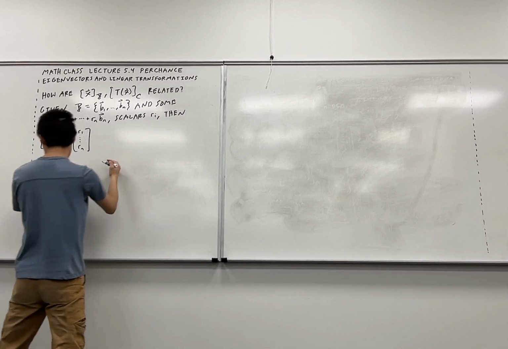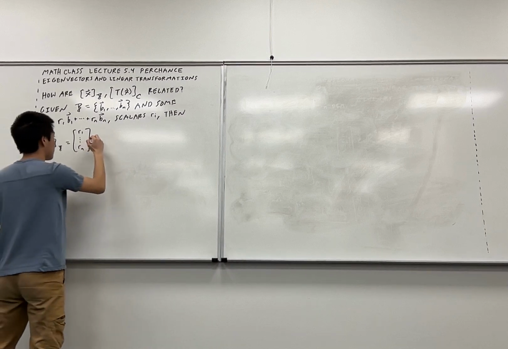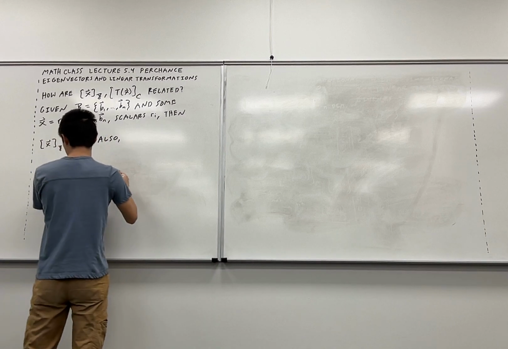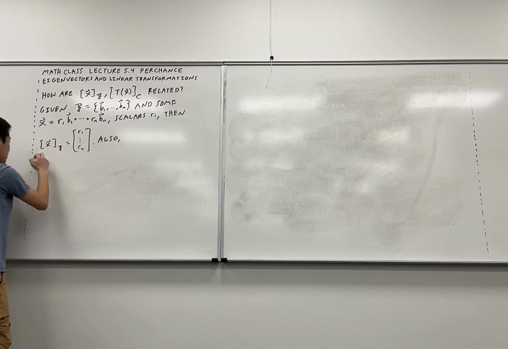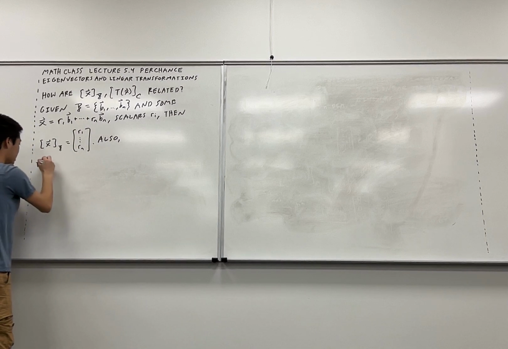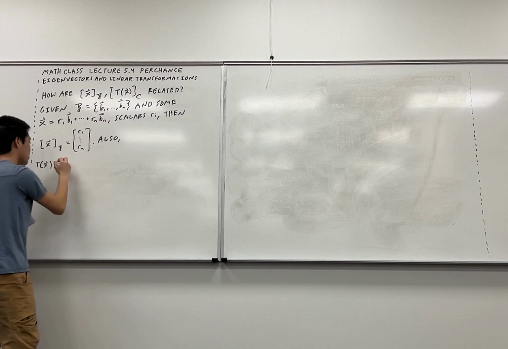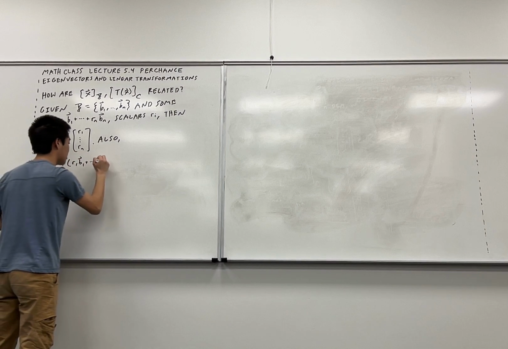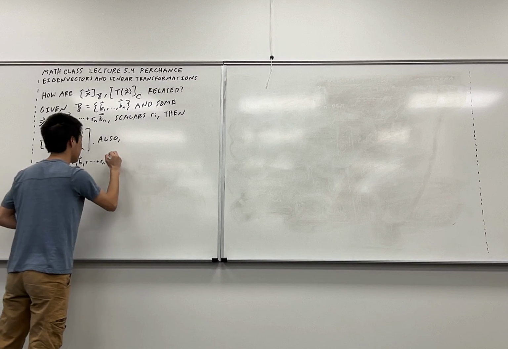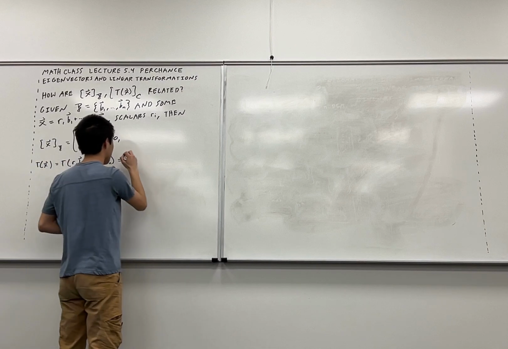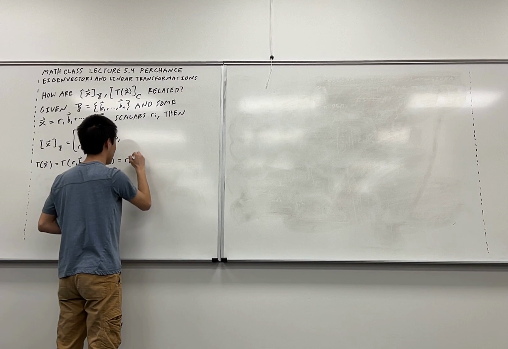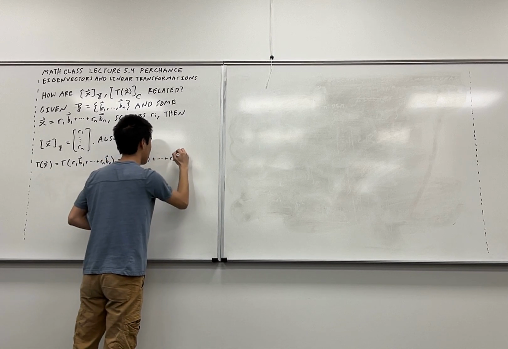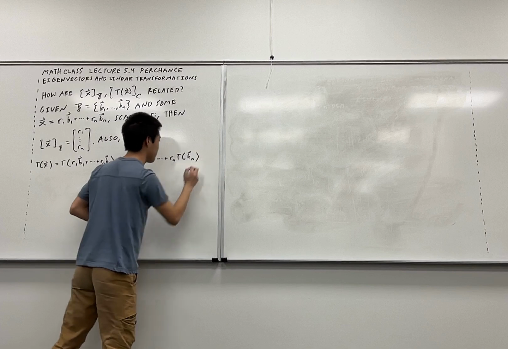Okay, another thing that we'll also have, notice this. If I take now the transformation of the vector x, T of x is equal to T of r1 b1 down to rn bn, which, because this is linear and the superposition principle gives us r1 T of b1 down to rn T of bn.